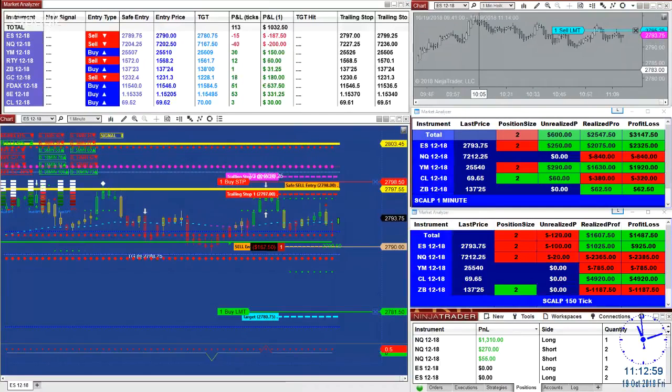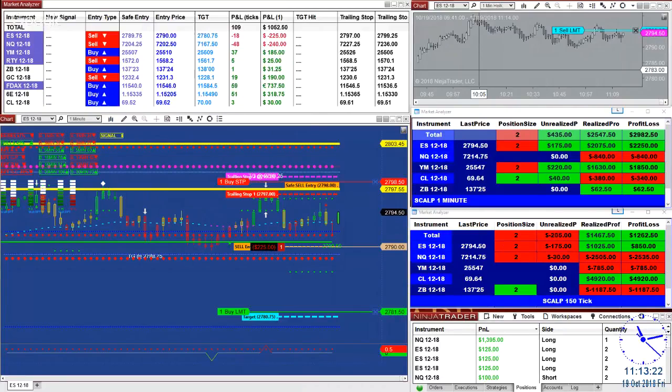So maybe that will help you guys as long as you are doing it on a sim. Don't hold us responsible for any of your trades, folks. It's for educational purposes only. The market is going up and down. We'll see what will happen.